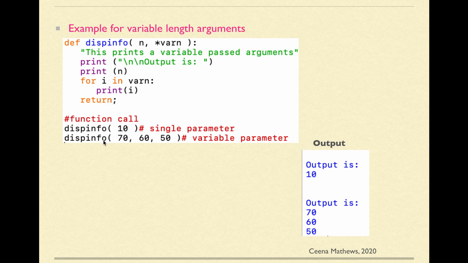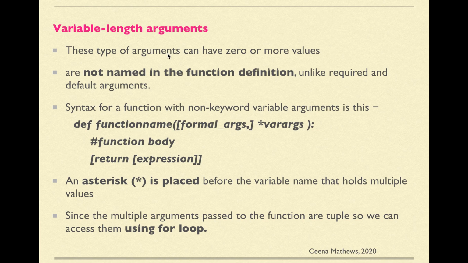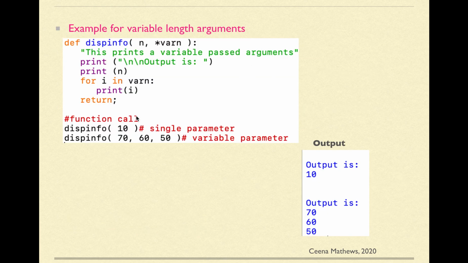Here I have used two function calls. In the first function call, there is only a value for n. There is no variable length argument passed. The variable length parameter can be 0 also. As I mentioned, these type of arguments can have 0 or more values. So it can be empty also. In the first function call, it is empty.